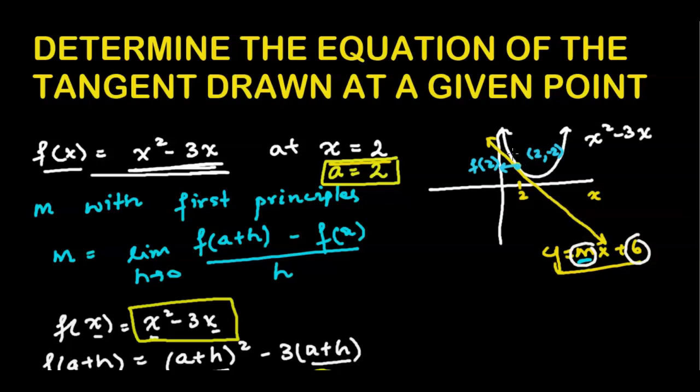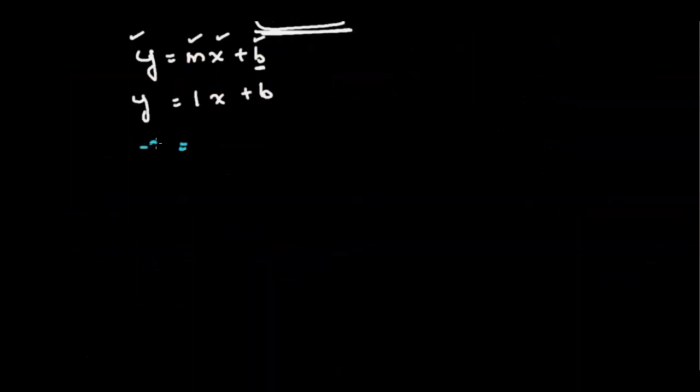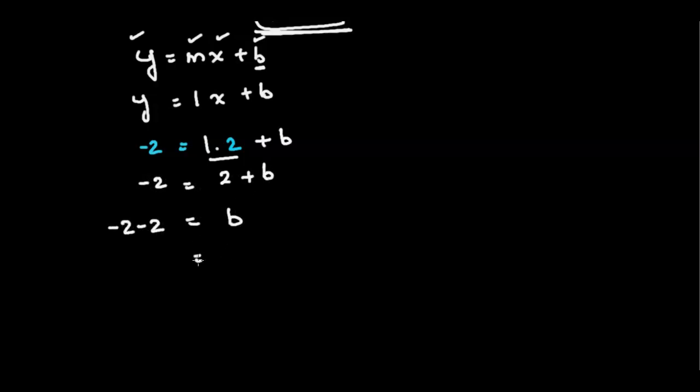So to find the equation of the tangent line, we would substitute x as 2 and y as -2. So we substitute here y as -2 and x as 2, and we solve for b. When we multiply 1 with 2, we get 2 plus b equal to -2. So b we are left with is -2 minus 2, that is equal to -4.